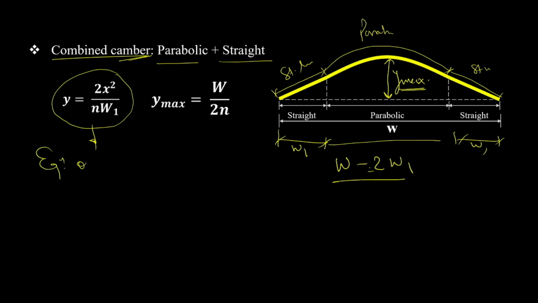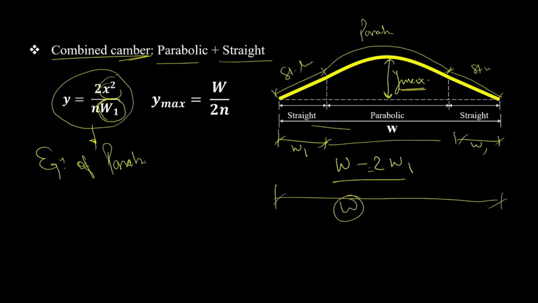Now in place of x, if we place this width, then we will get it, but here we need to note that this is not the total width w. Instead I have written here w1, so this w1 is representing the width of the parabolic section only. Okay, this will be w1, so let's change this to w0.